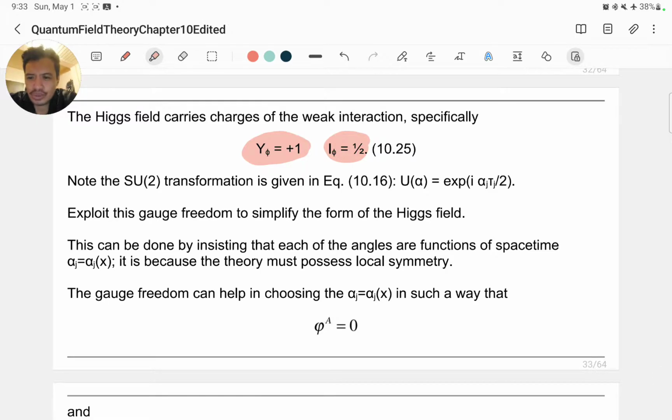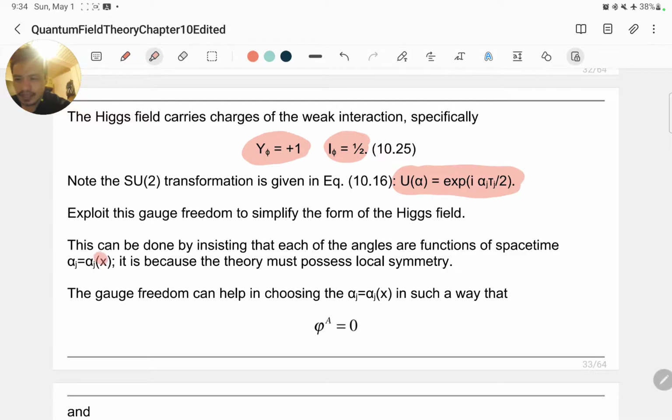Note that the SU2 transformation is given previously by equation 10.16. So we have this transformation, and we exploit this gauge freedom to simplify the form of the Higgs field. This can be done by insisting that each of the angles is a function of space-time.